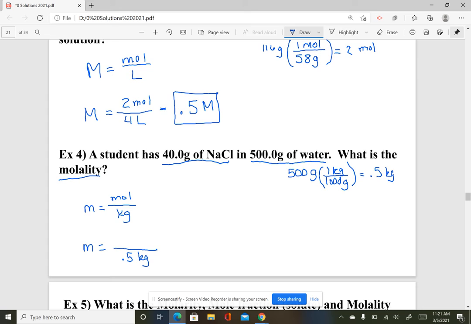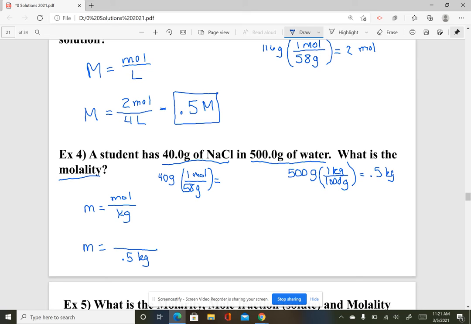Now, 40 grams, I have to convert that to moles. So I just did that in the problem above, but now they're giving us 40 grams. So if I have 40 grams of NaCl, I know that 1 mole of NaCl weighs 58 grams. I get that from the periodic table.